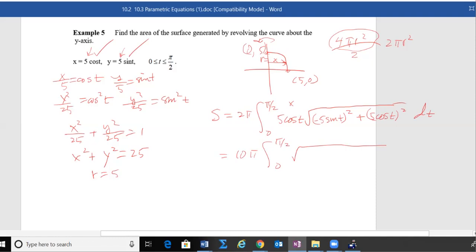Inside here you got 25 sine squared t plus 25 cosine squared. And you can pull that 5 out, so now we got a 15 pi, 0 to pi over 2. And sine squared plus cosine squared is a 1. So this is all we have right here.